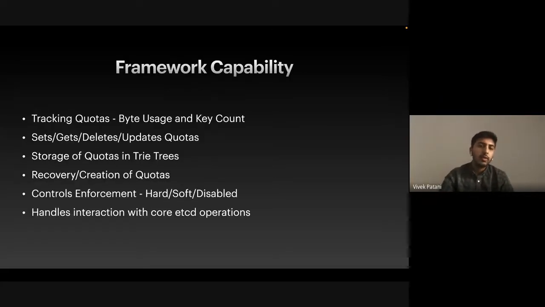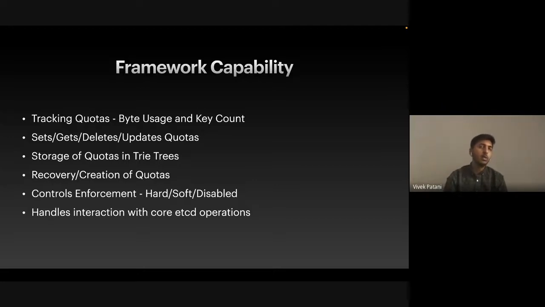So what does this framework really do, or how does this really work? One is to track quotas. As I said before, you can track byte usage or key count. So for a specific key, if you ask how much is Kubernetes really using, you can figure out the byte usage or the key counts under it. The framework provides this. You can check at any point in time and it gives you the latest value for whatever you're looking for.